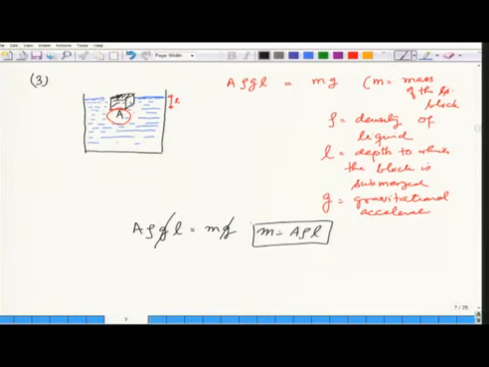Now, what we do is we displace it a bit. Suppose I push it down by y. What happens when I push the block down by y?